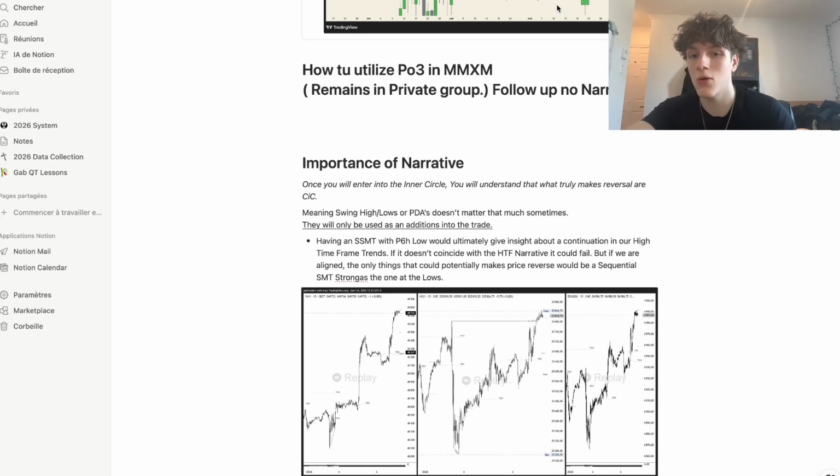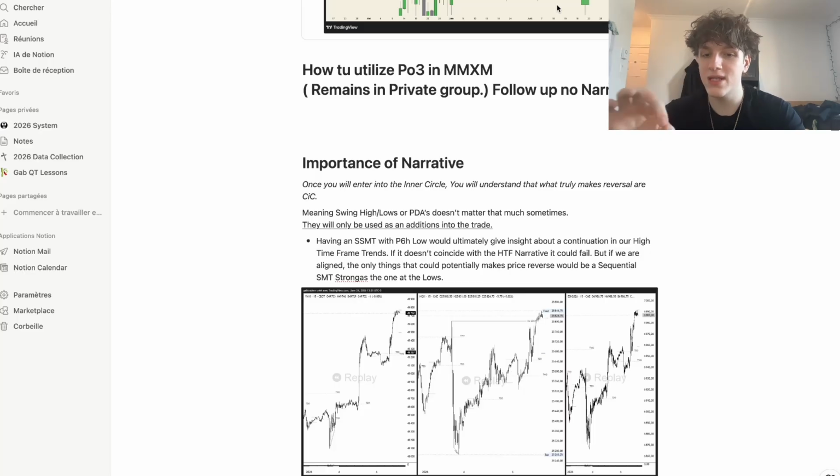It doesn't matter. If our daily power of 3 is bullish and we want to take out the previous daily high, we will take it, even if we have a 4-hour bearish gap inside of the leg. We don't care at all. So I want to really pinpoint something. If your higher time frame narrative is not clear, or it's the opposite way, could be bullish or bearish, I don't care.